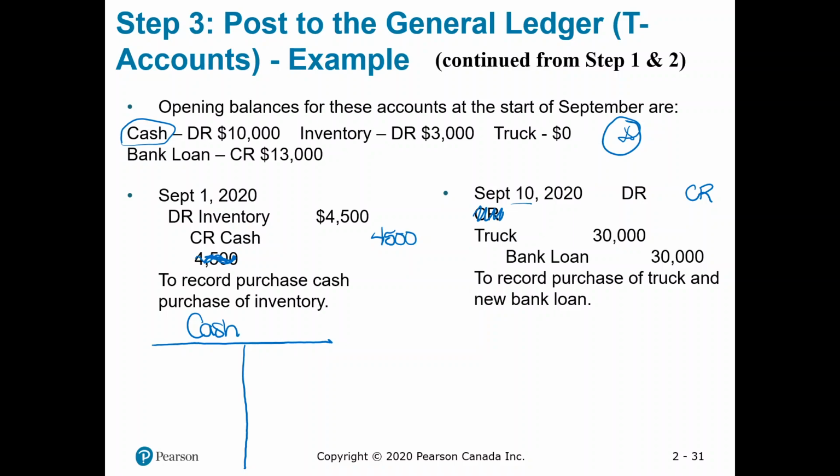So we'll start with cash here. We have an opening balance, a debit of $10,000. So what side will that go on? Right, debit's on the left. So we'll put the $10,000 here. And it's good to label each entry that you have in a T account. So we can just put BAL to show that this is our opening balance.